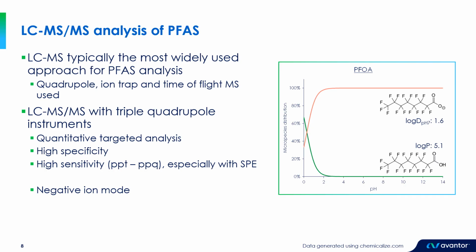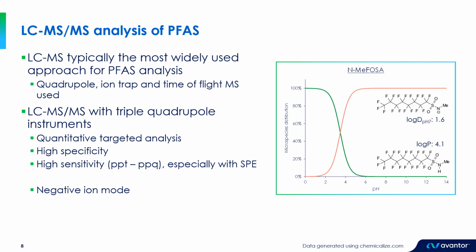We can clearly see that above a pH of 2 or so, we have primarily the ionic species present. This means that we look to operate our mass spec in the negative ion mode for PFAS, and the deprotonated species also have significantly reduced hydrophobicity, which is important for good coverage of longer chain PFAS using reverse phase liquid chromatography approaches.